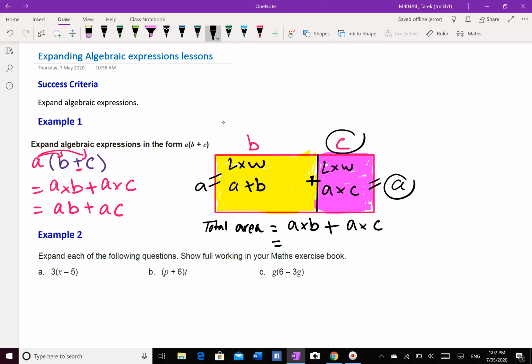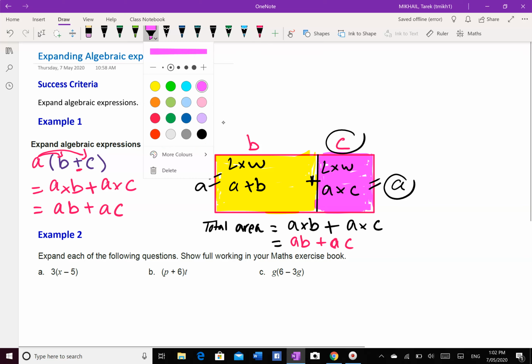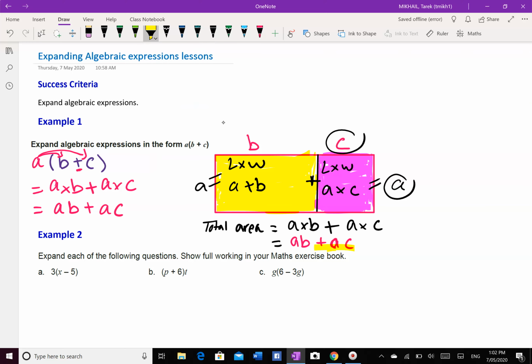So this will be AB plus AC, and this is the same answer as the distribution method.